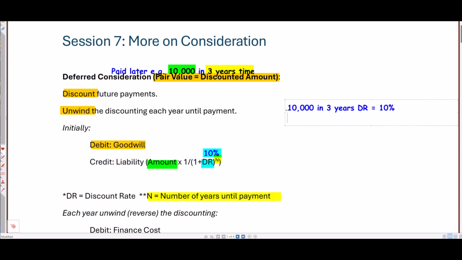The calculation here is going to be, well, let's do the discount rate first. So 1 over 1 plus the discount rate as a decimal, which is 0.10, to the power of the number of years, which is 3. And when you do that calculation, you get 0.7513.